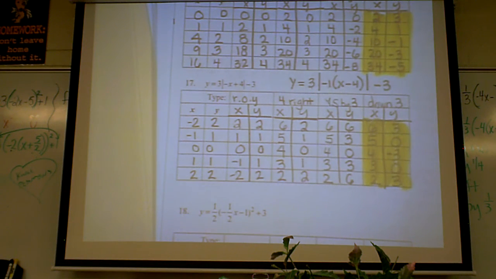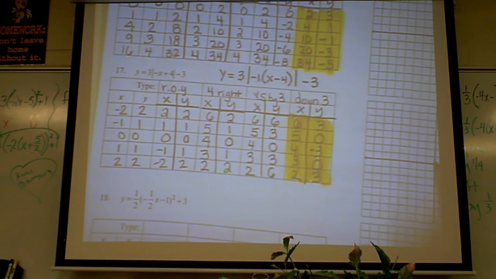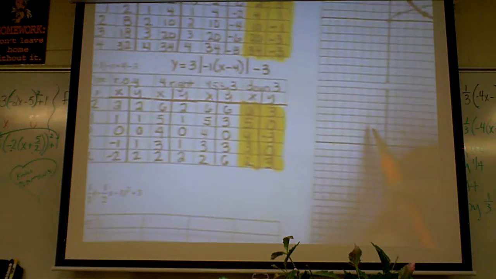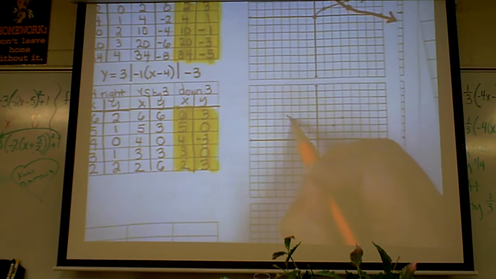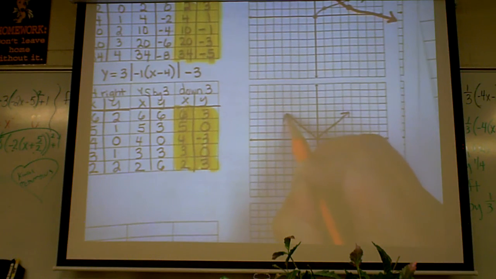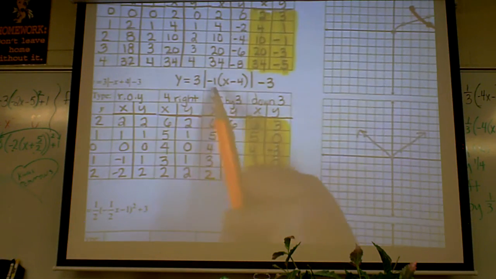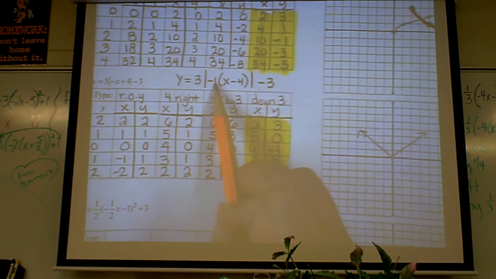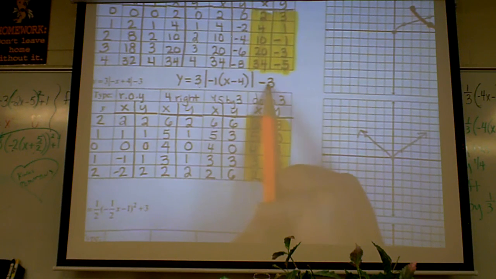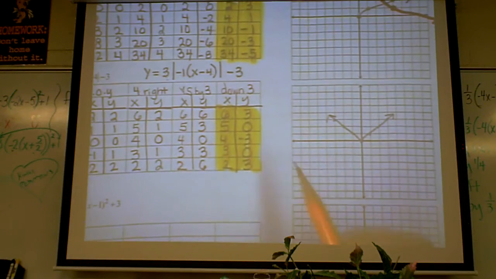of this graph. So here was the parent function. This is what we did. There's your parent function right there. By doing all of these, shifting it, flipping it over the y-axis, 4 units to the right, vertical stretch by 3 and 3 down, what will you get?